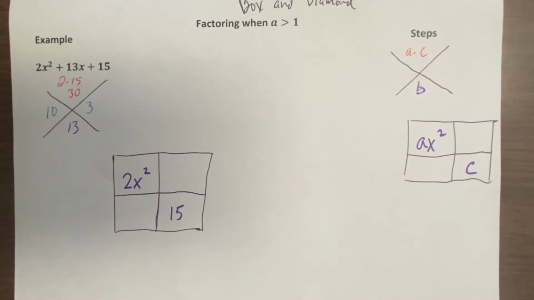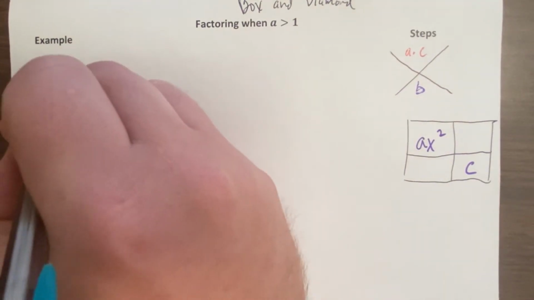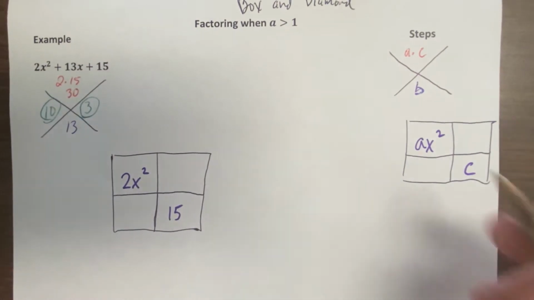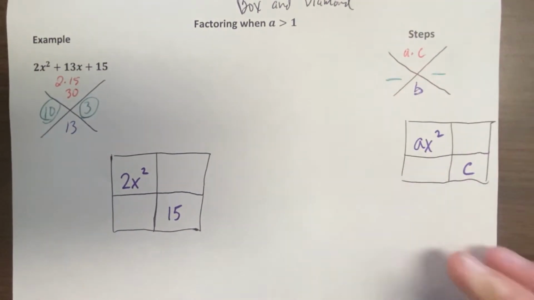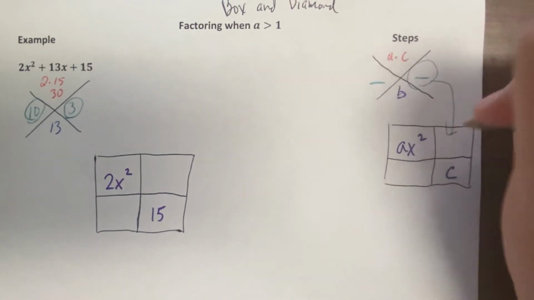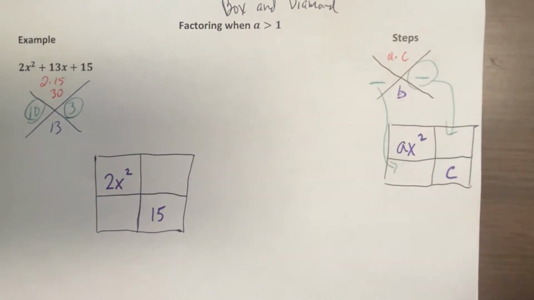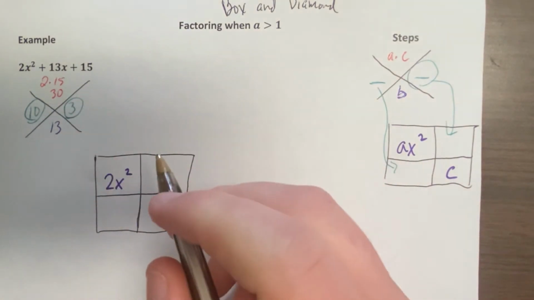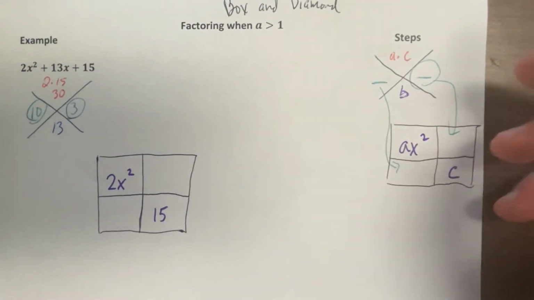The two holes that are left come from the two numbers that we just found. These two numbers fill in the missing spots of our box. Actually, I messed up a little bit.